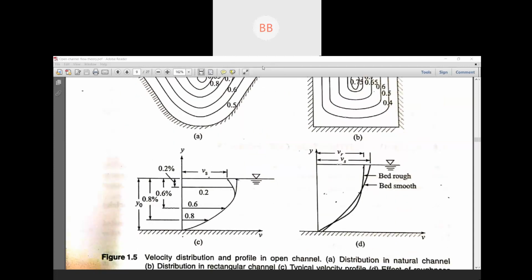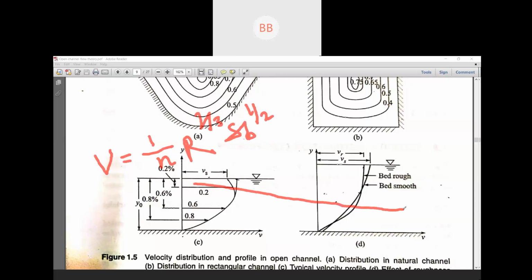If you are asking about Manning's equation, for average velocity we can also use this equation, 1 by n, R to the power 2 by 3, S b to the power half. Bed slope is nothing but... Stephanie, you are not audible.